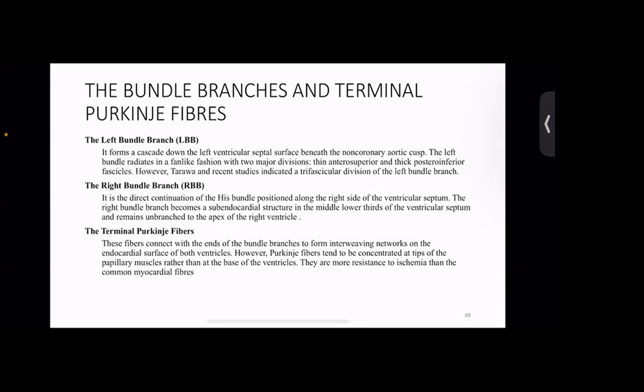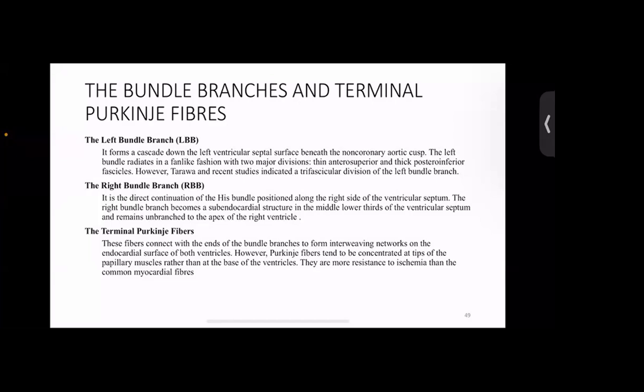Now, the right bundle branch, it's the direct continuation of the His bundle and is positioned along the right side of the ventricular septum. The right bundle branch becomes a subendocardial structure in the middle lower thirds of the ventricular septum and remains unbranched at the apex of the right ventricle.